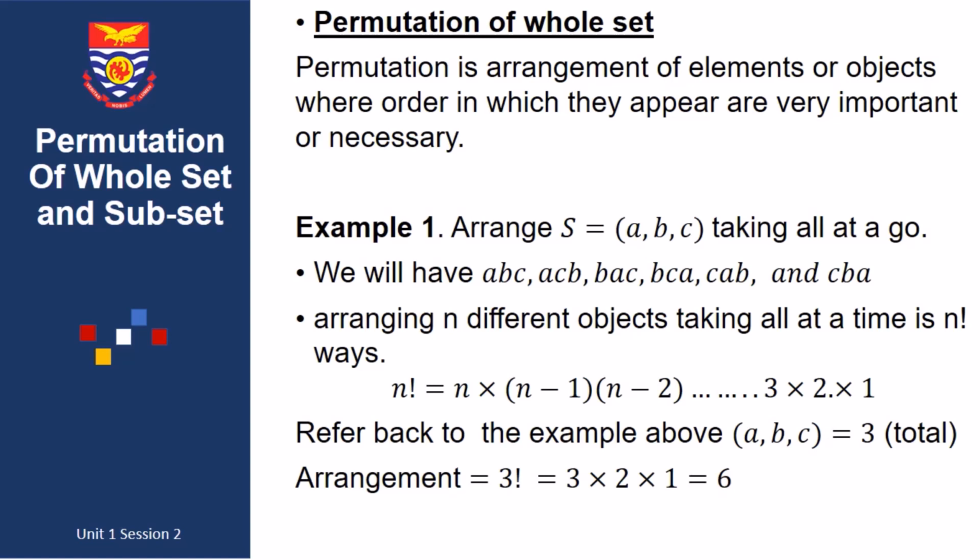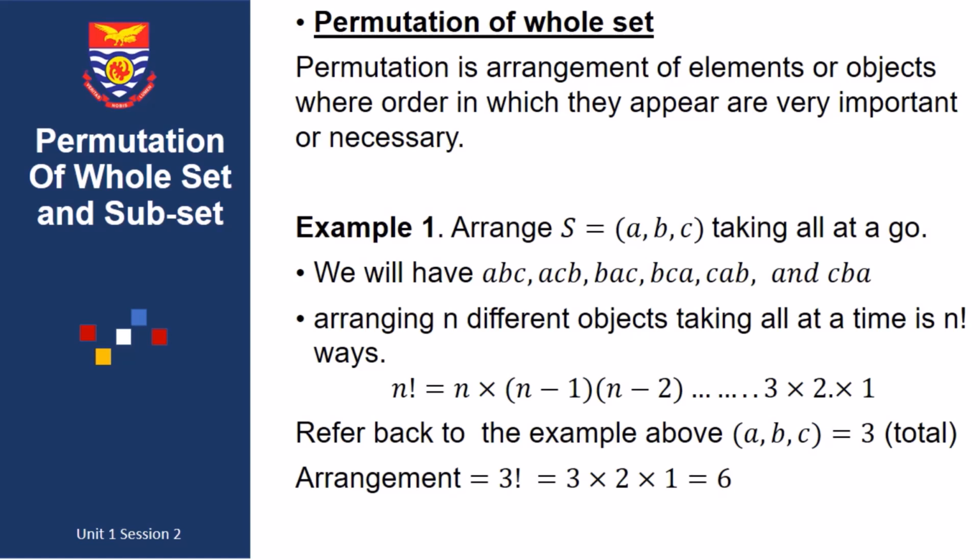That would be n factorial ways, because the total is 3. So it's 3 factorial ways. And what is 3 factorial? 3 factorial equals 3 times 2 times 1, which equals 6. That's the permutation of a whole set.